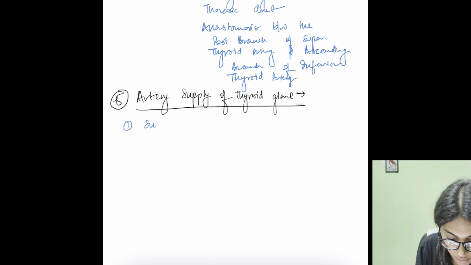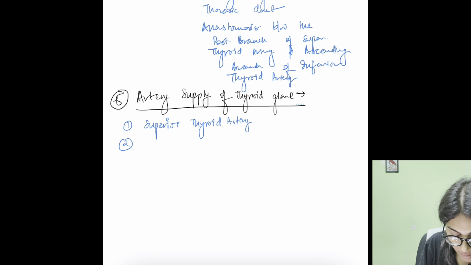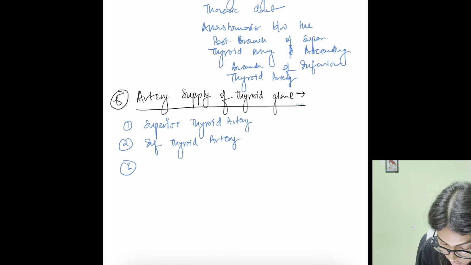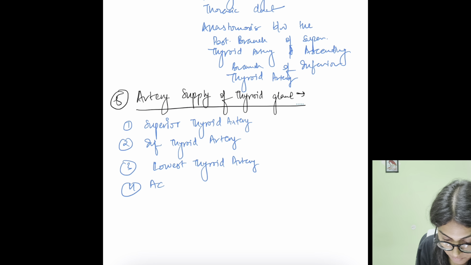First is the superior thyroid artery. Second is the inferior thyroid artery. And third is the lowest thyroid artery. Fourth is the accessory thyroid artery.